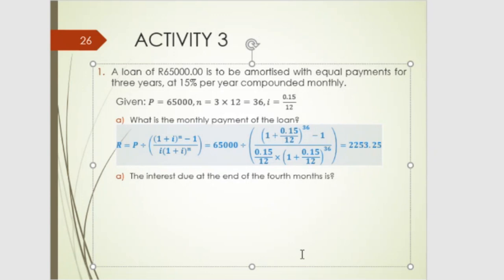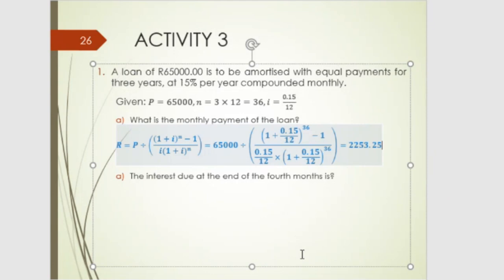All right, 2253.25. Now the Casio. Okay, let me do the Casio so that they may not say I'm just relying on one source. 65,000 divided by, open brackets, this, and then another open brackets, 1 plus 0.15 divided by 12, close brackets to the power of 36, then going down, minus 1, and then I'm done.